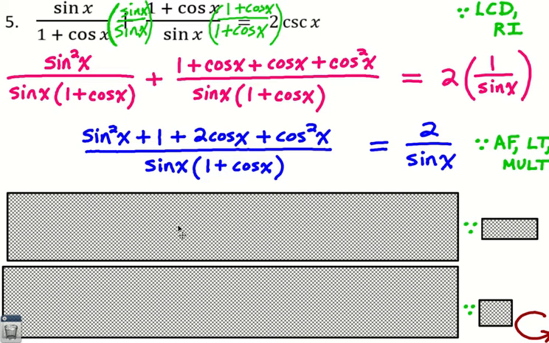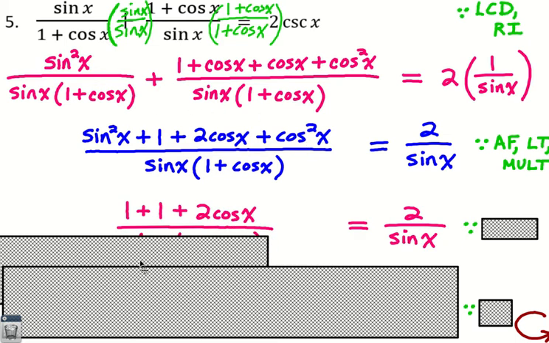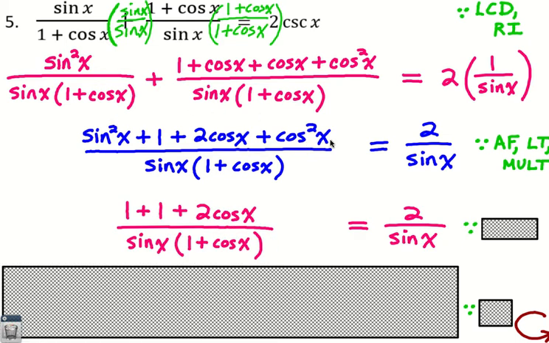Always have your eyes peeled for Pythagorean identity stuff. Do you see this sine squared and this cosine squared? Well, if you put them together, don't they just make a 1? So I can replace sine squared plus cosine squared with 1 because of the Pythagorean identity.